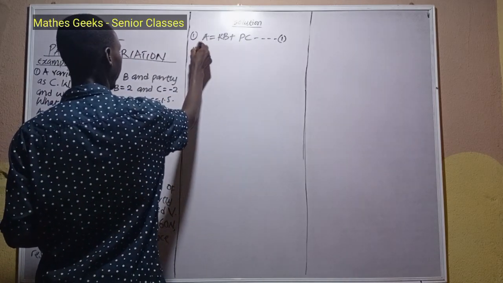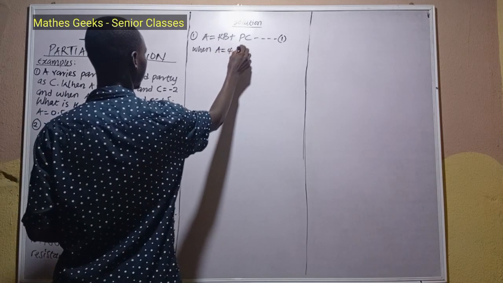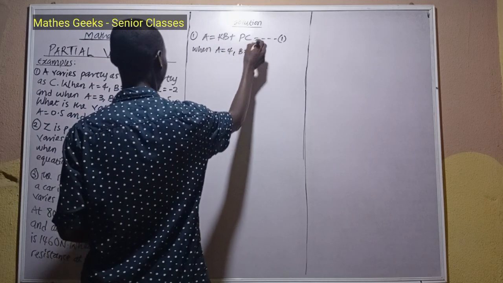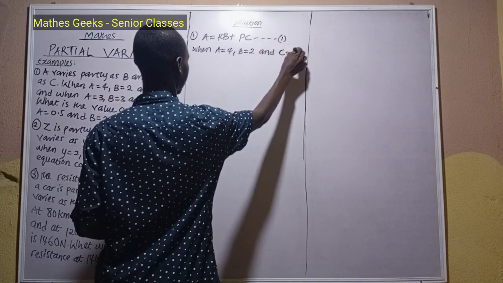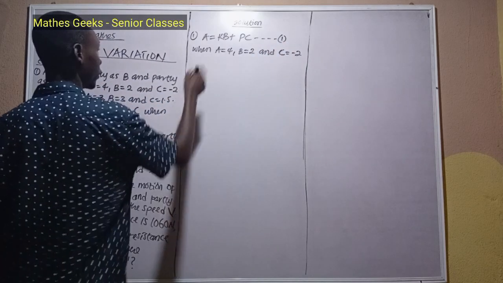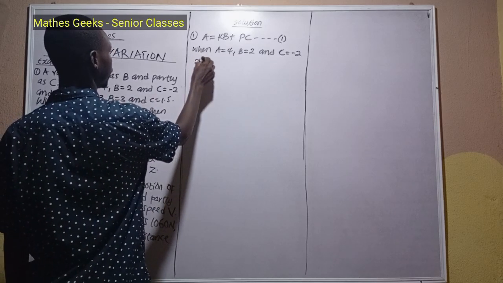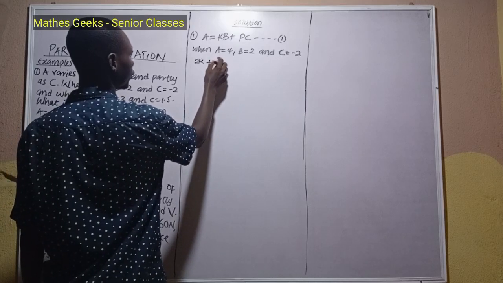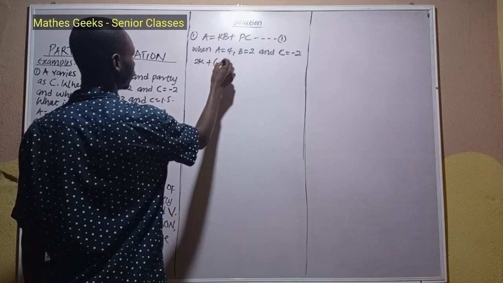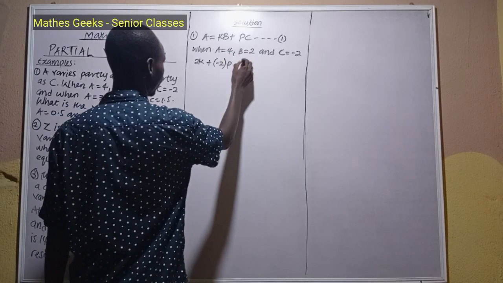Okay, so when a is equal to 4, b is equal to 2, and c is equal to -2, the formula would be 2k plus -2p, which will be equal to 4.